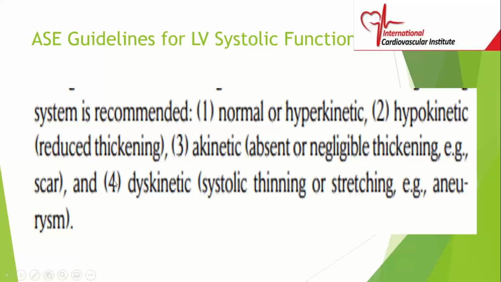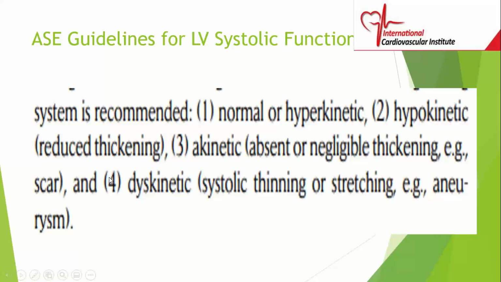And then a score of 4 is dyskinetic, that is systolic thinning or stretching. Example is aneurysm. We used to have a 4 and a 5, but the current guideline just recommends a 4.